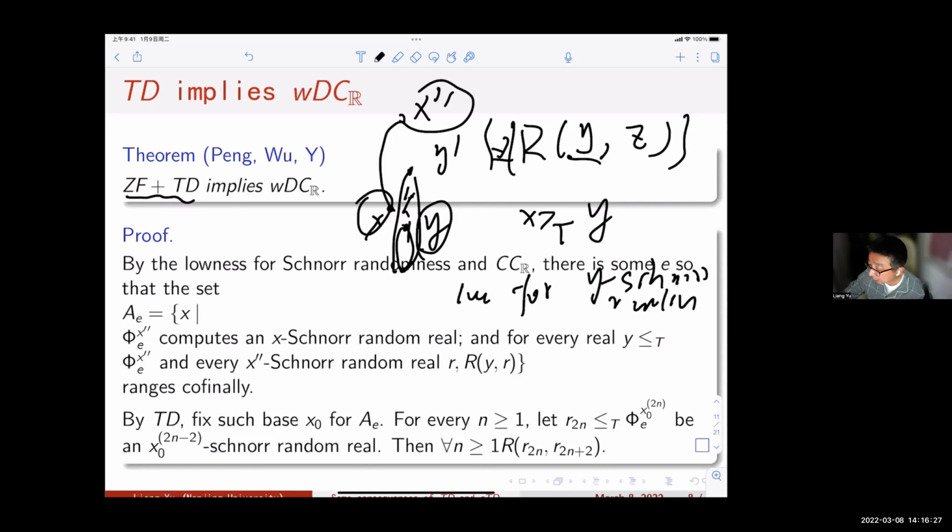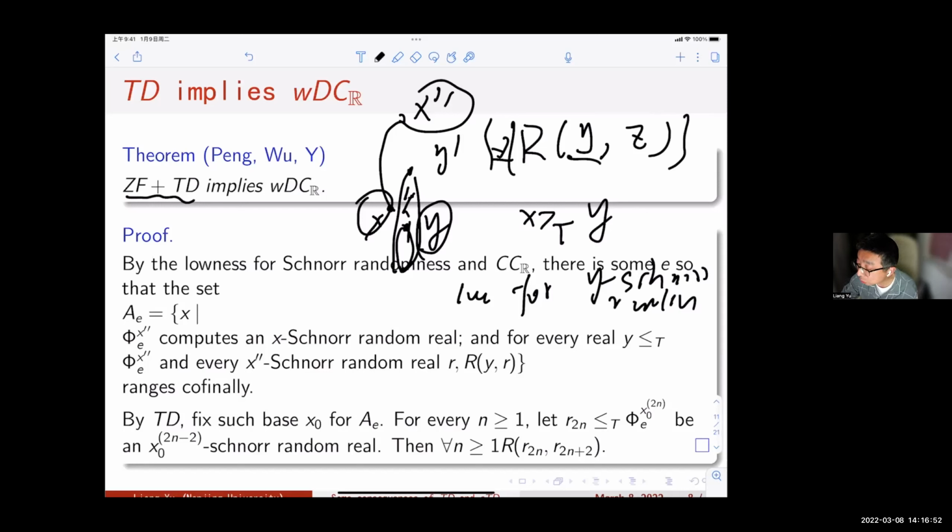Okay. Because x is low for y-Schnorr random, y jump computes an x-Schnorr random. Because y jump computes a y-Schnorr random, y jump also computes an x-Schnorr random.